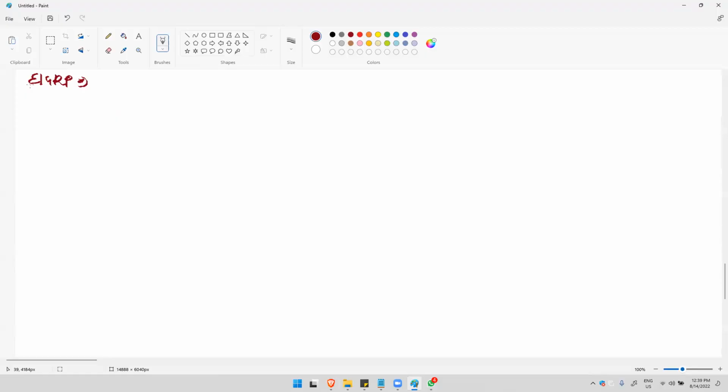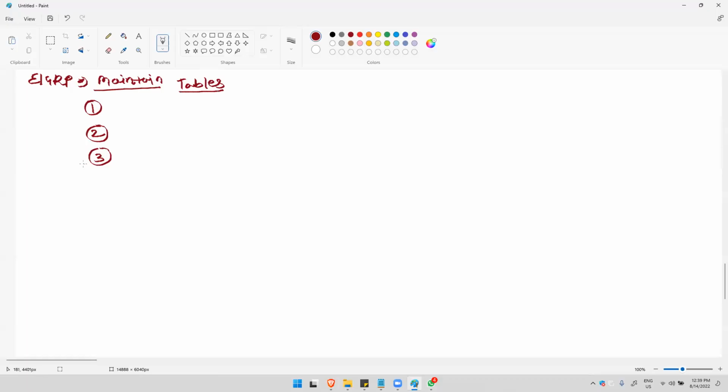Now one more key point you can write down. EIGRP maintains which one thing? Tables. Any idea how many types of tables?